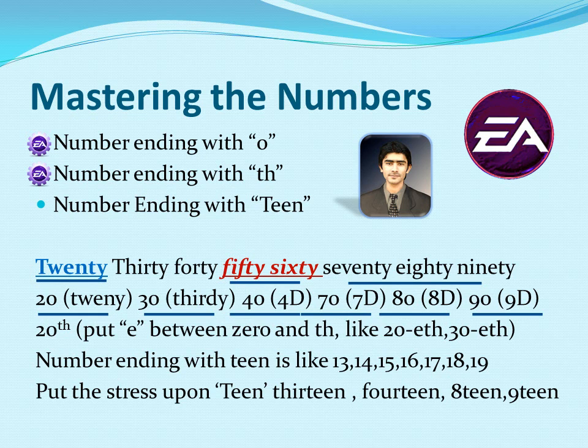Tip number 2, the number that ends with th, like 20th, 90th, which people mostly say incorrectly. If we want to enhance our pronunciation, we should say 20th rather than 20th. The tip is we need to put e between 0 and th.